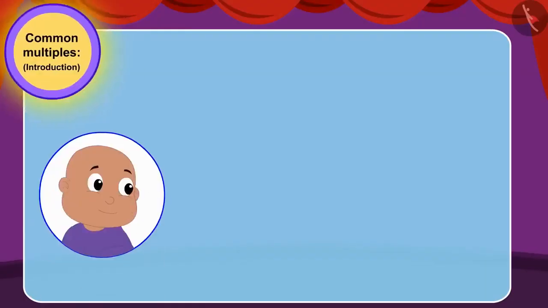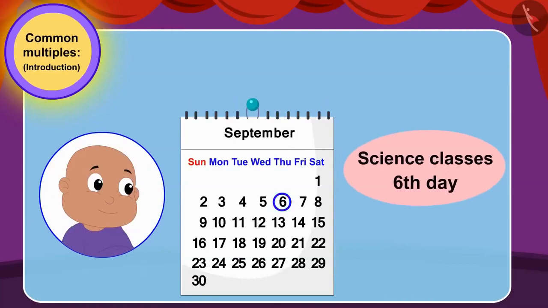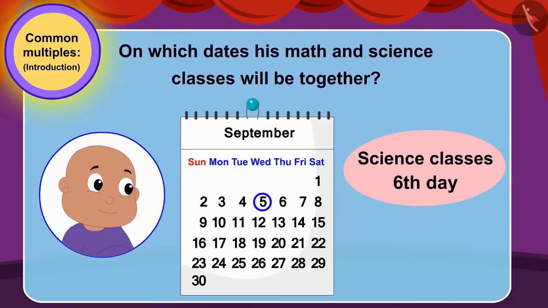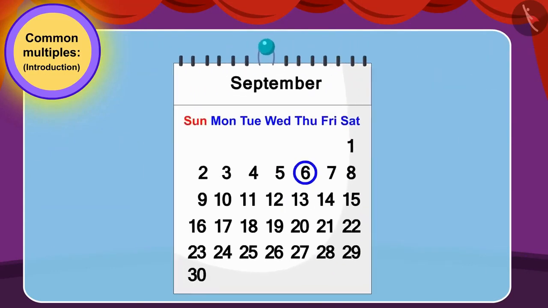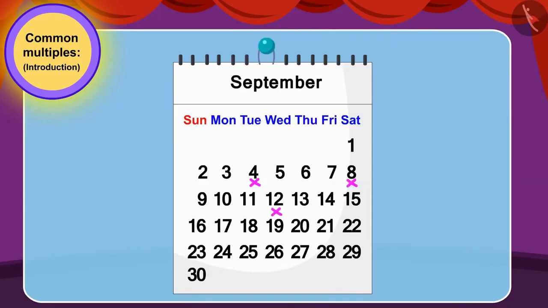Children, if Bablu's science class was every 6th day instead of every 5th, then can you tell on which dates his math and science classes will be together? You can stop the video and find the answer. Well done children, your answer is absolutely correct.